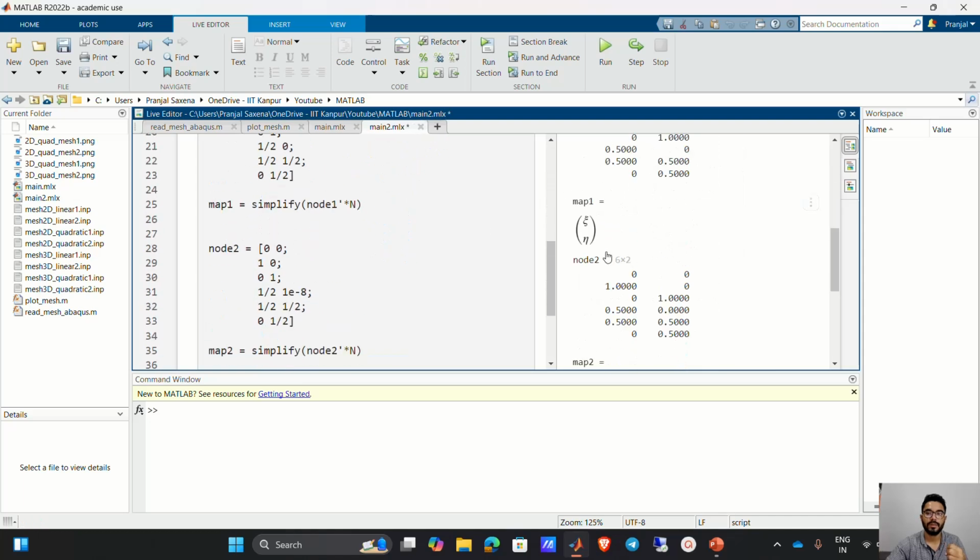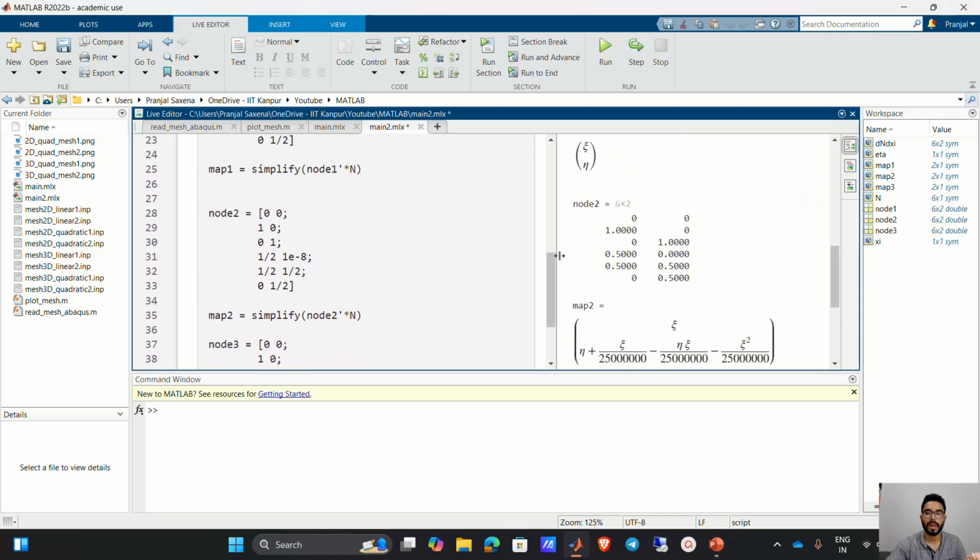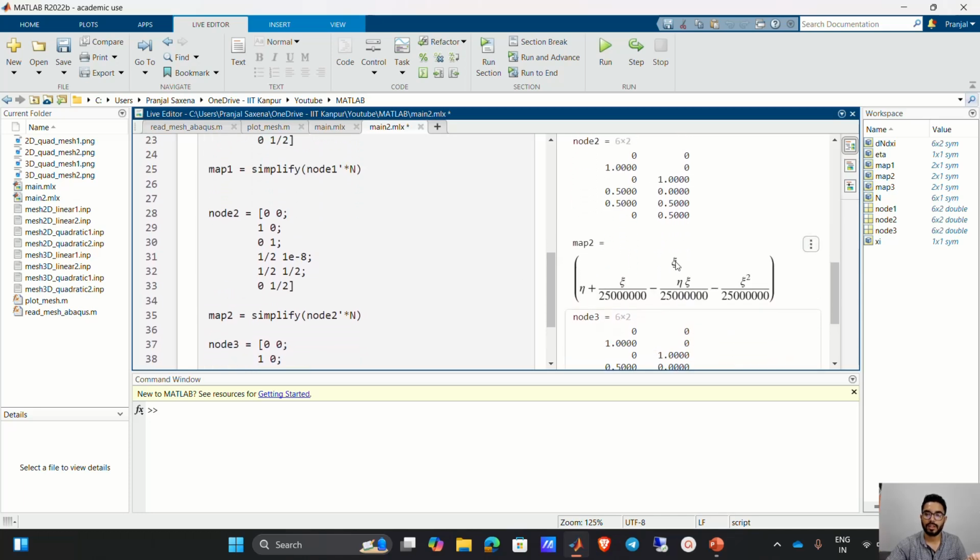So what you'll notice here, map 1 is x equals xi and y equals eta. But when we go to map 2, x is xi, that is good, but y is now a function of eta, xi and a combination of both. So it has higher order terms in xi, eta and xi squared.